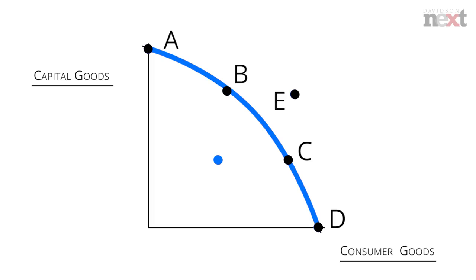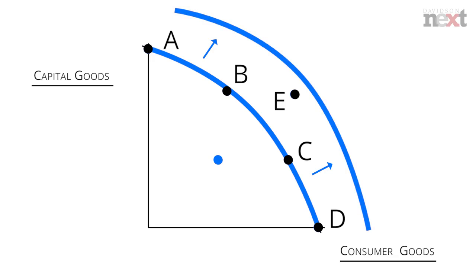But it's not impossible in the long run. In the long run, with additional resources, with better quality resources or improvements in technology, then that could allow Econoland to produce more of everything, and that could shift the curve outward. This we would refer to as economic growth.